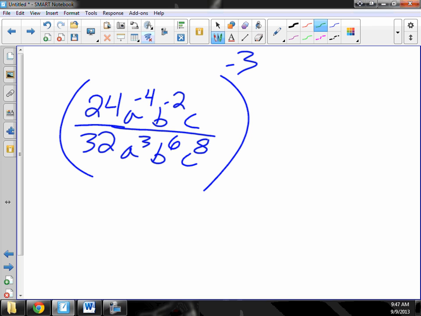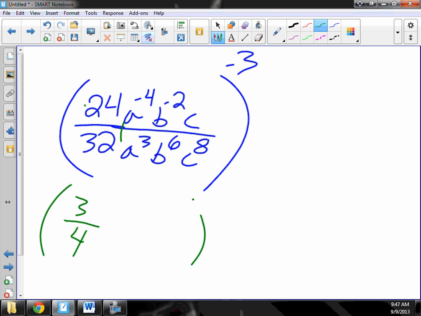We're going to pull out, or what can we take out of this fraction? 4 would work. 8 would work. Anything bigger than 8? Nope. So 3/4. Okay.